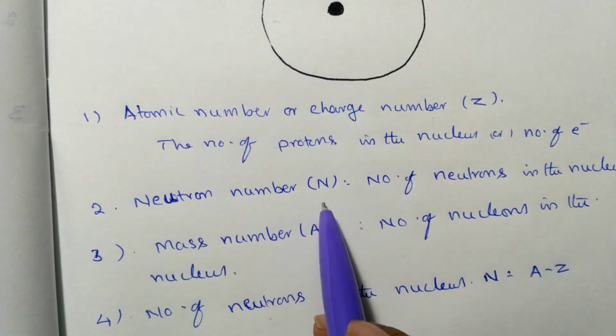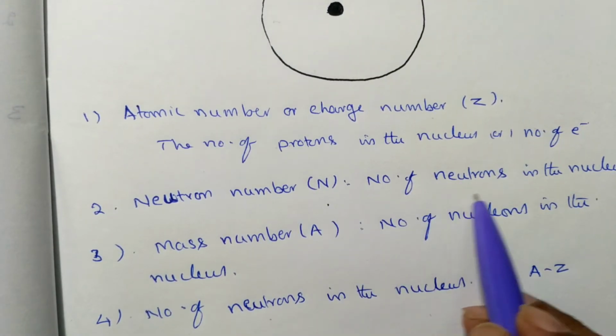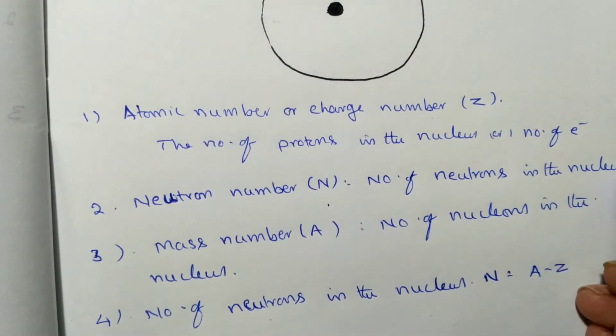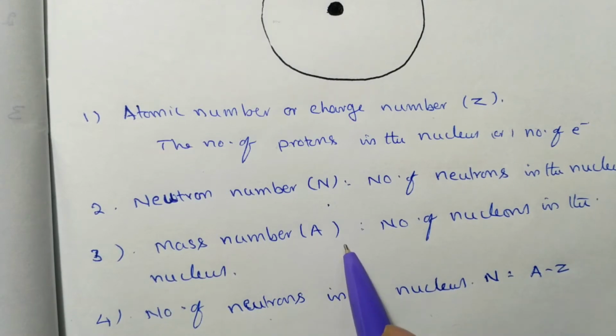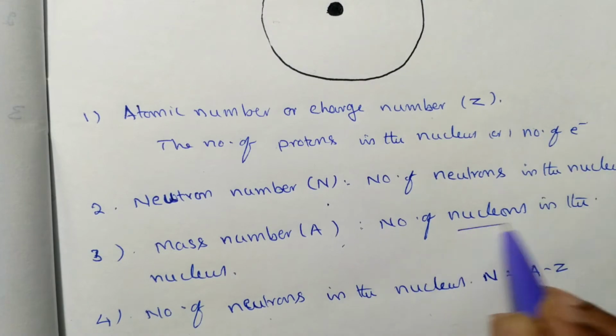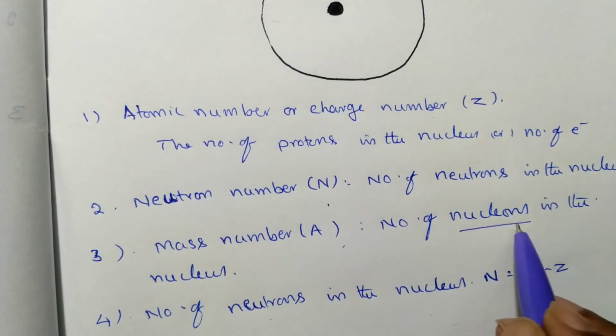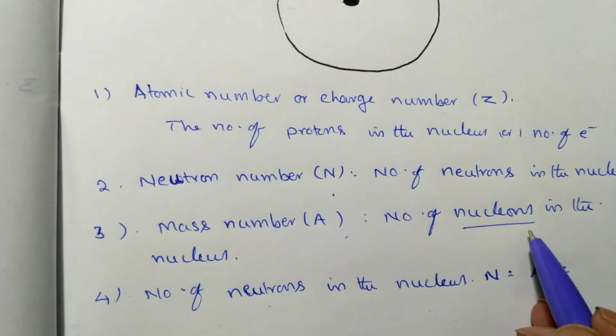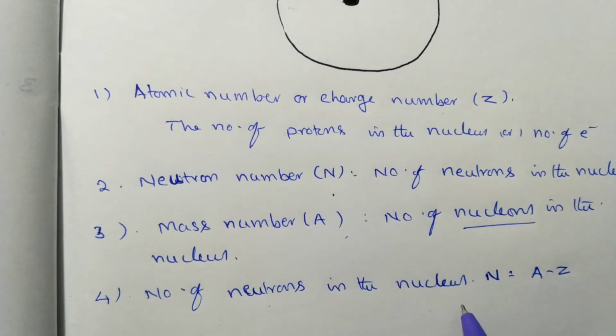The neutron number N is the number of neutrons in the nucleus. Mass number A is the number of nucleons in the nucleus. Nucleons means protons and neutrons. The number of neutrons in the nucleus can be termed N is equal to A minus Z.